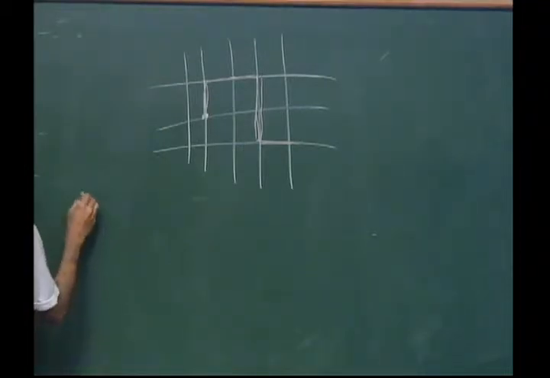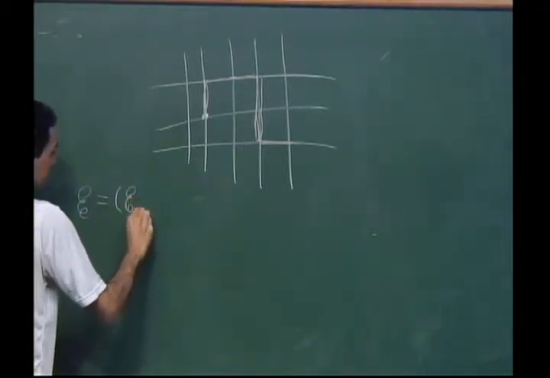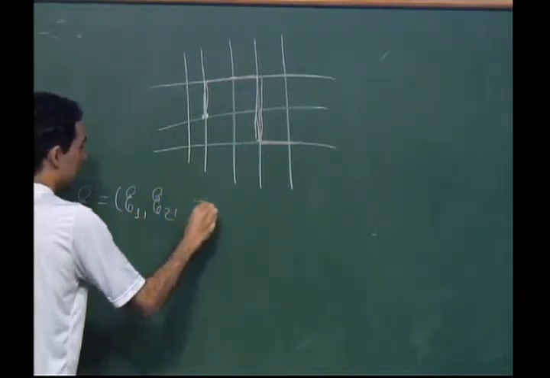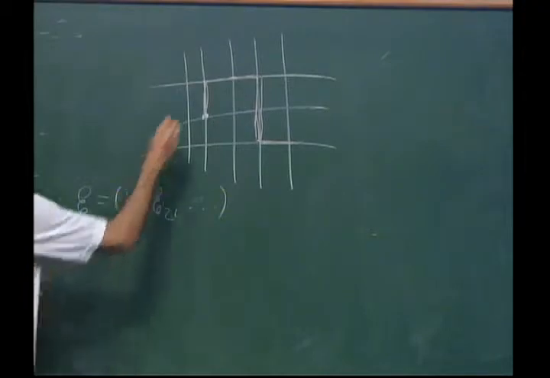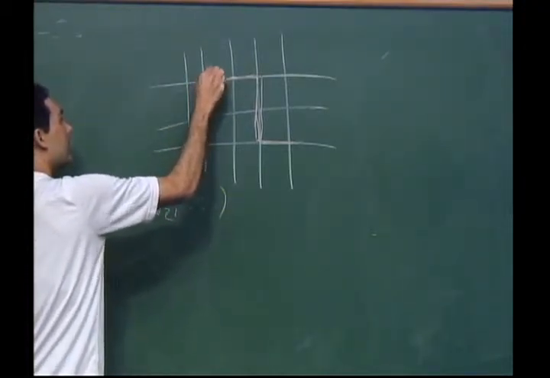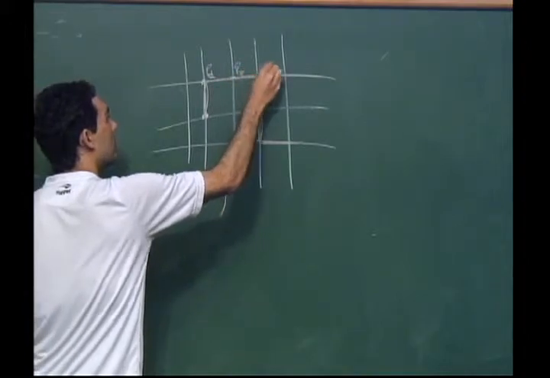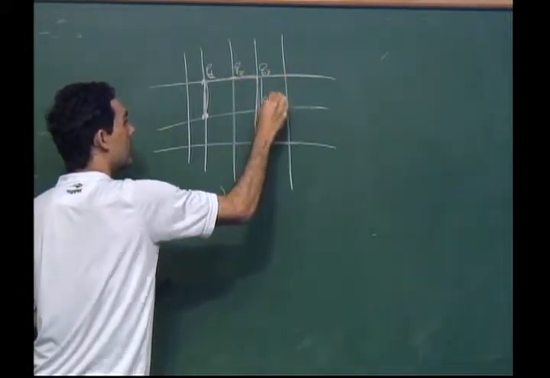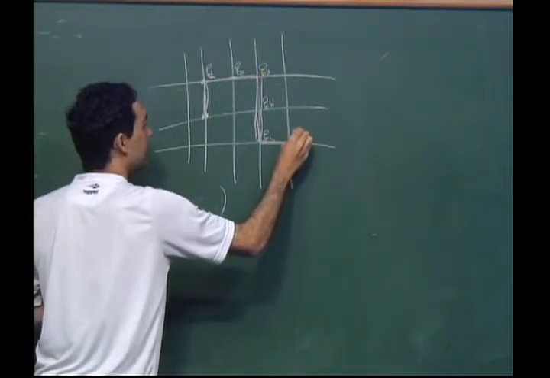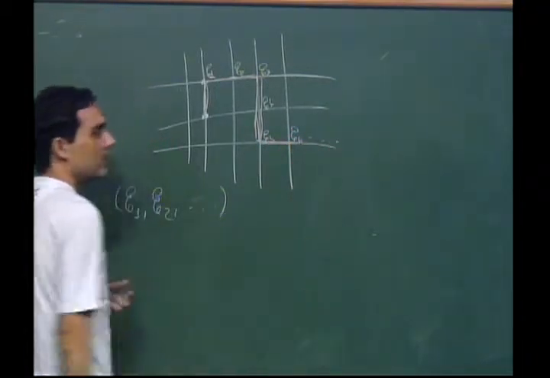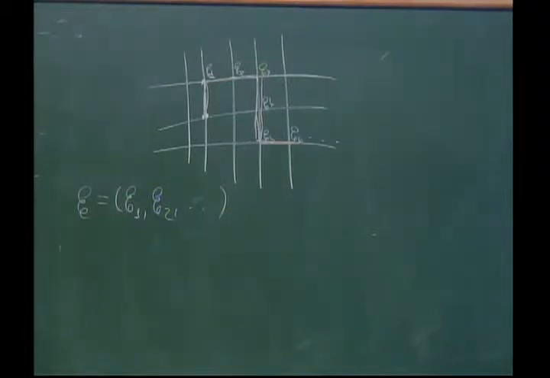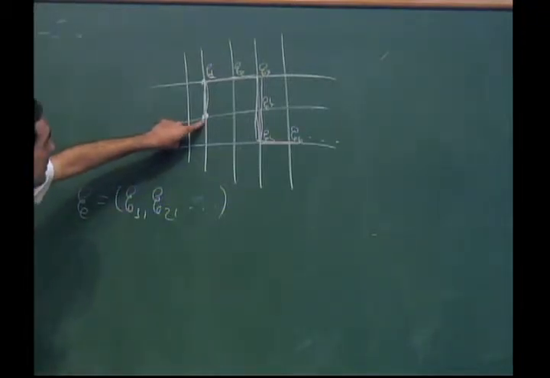And is given the word, such that here I have x1, x2, x3, x4, x5, x6, and so on. Is it clear, this definition? Observe that in this definition, the configuration on the vertex v does not matter. Okay?